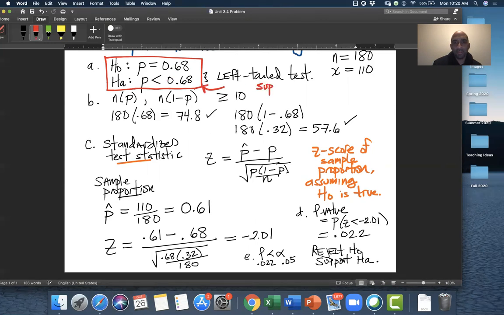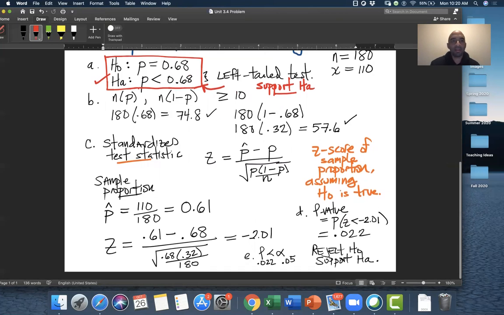We believe that the proportion of college students in Connecticut who think fake news is a problem for the democracy is less than the national rate. We are supporting the alternative hypothesis. We believe the proportion of college students in Connecticut who think fake news is a problem is less than the national rate.